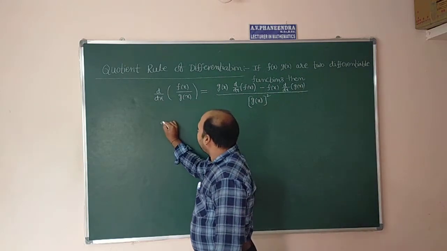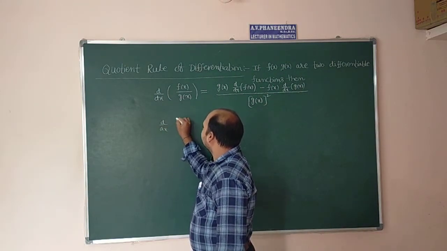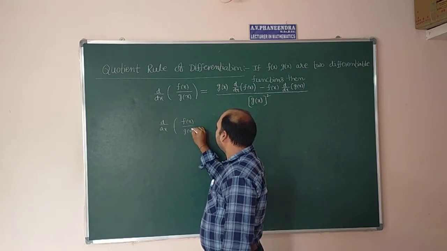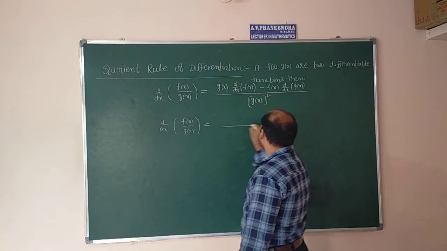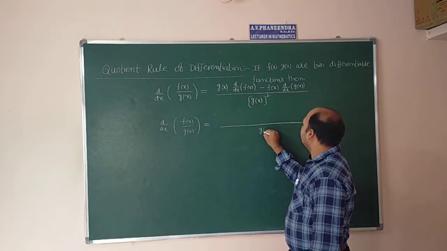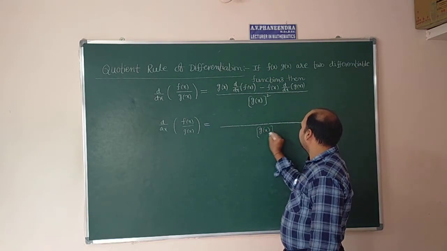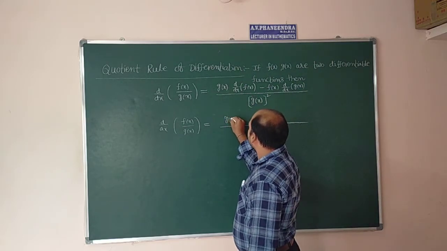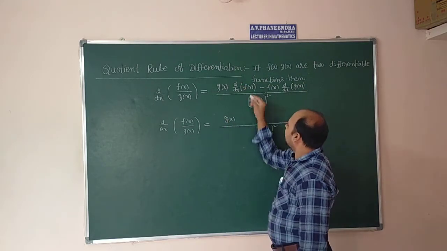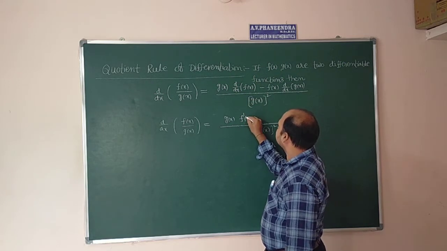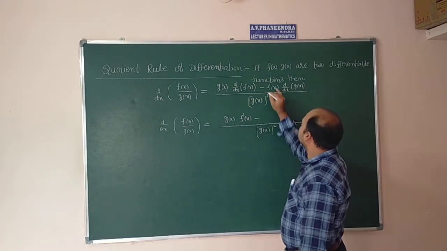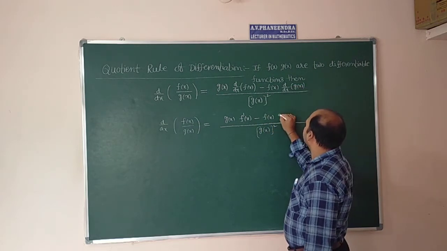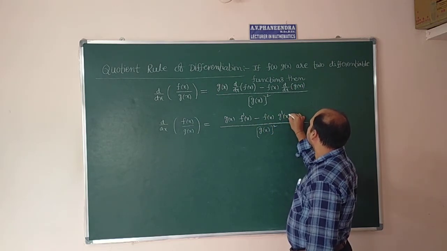So d by dx of f of x divided by g of x is equal to denominator whole square, g of x whole square, g of x into d by dx of f of x, meaning f dash of x, minus f of x into d by dx of g of x, g dash of x.